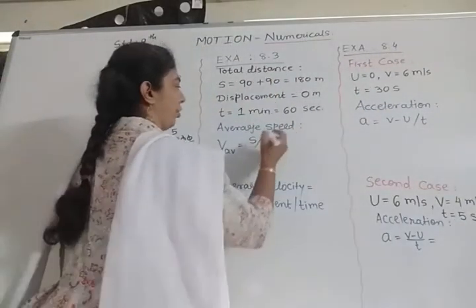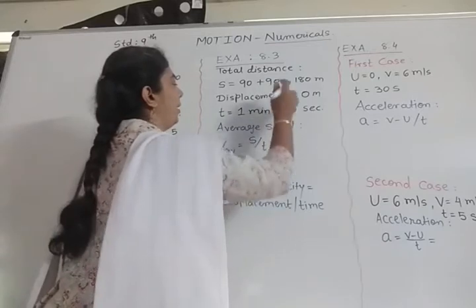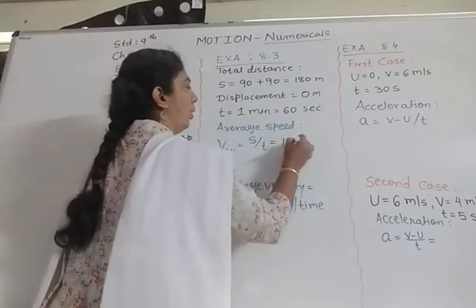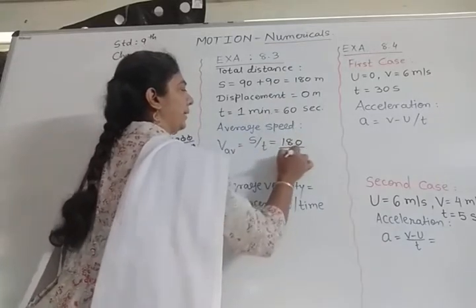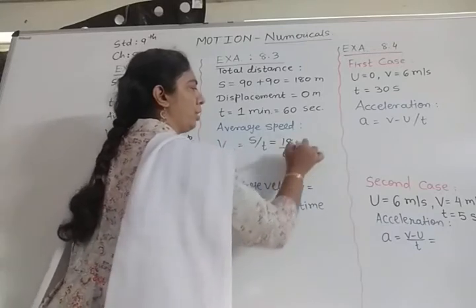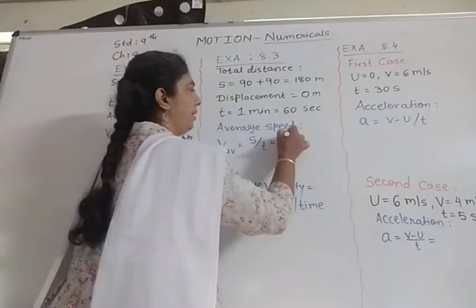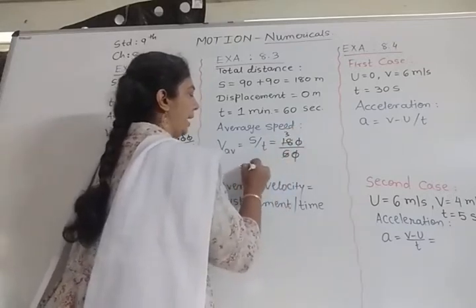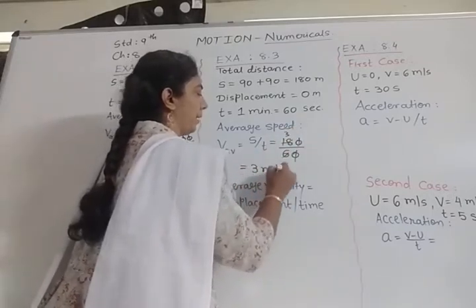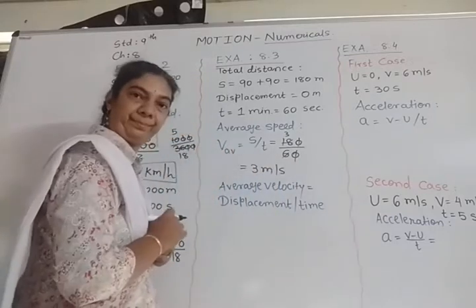Substitute the values. S stands for distance in case of speed. So I can write 180 and time as 60. 0, 0 is cancelled and 6 3s are 18. So the average speed I am getting is 3 meter per second.